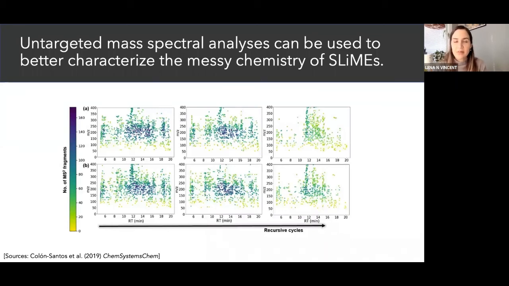We have a postdoc in our lab, Stephanie Colon Santos, who's been working on developing such methods for the characterization of complex mixtures, like the ones that you get out of the formose reaction, which are notoriously difficult to characterize and make sense of using more conventional methods. We hope that by using these untargeted approaches, we can see what changes arise as a result of the transfer procedure and how they correlate with the oscillations that we've observed, and just in general, help us get a sense of the chemistry underlying these putative slimes.